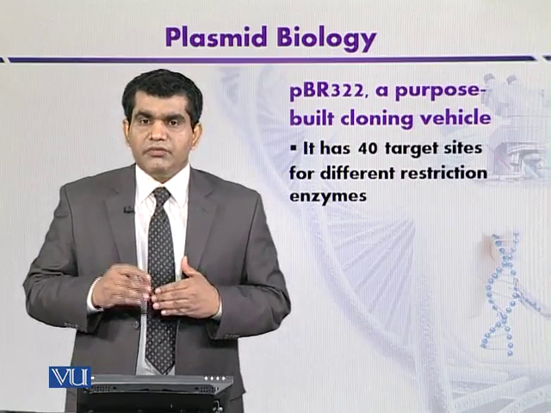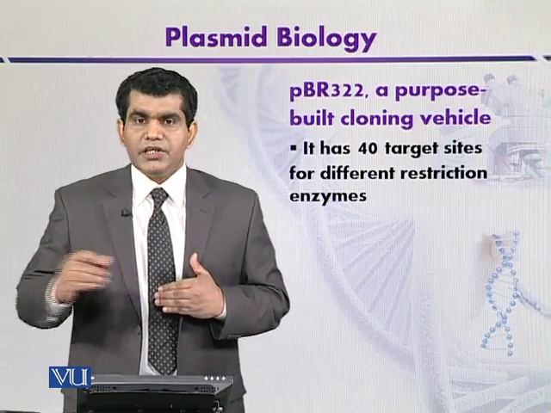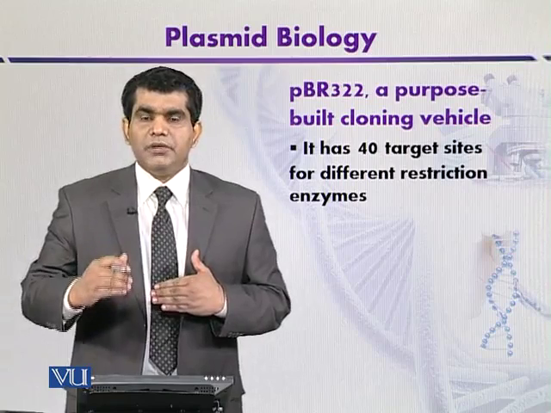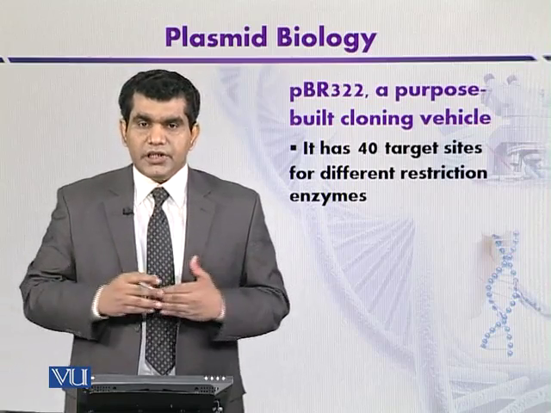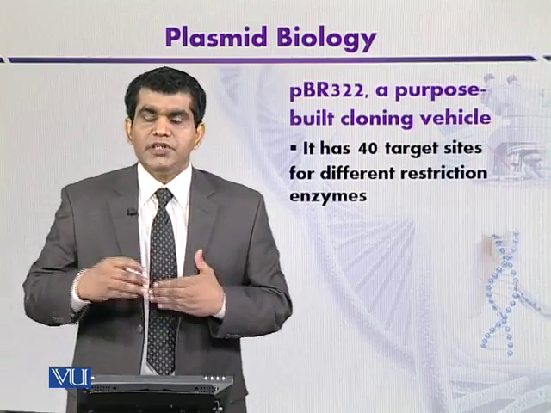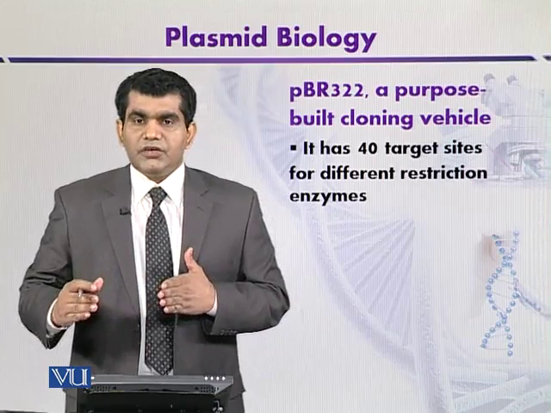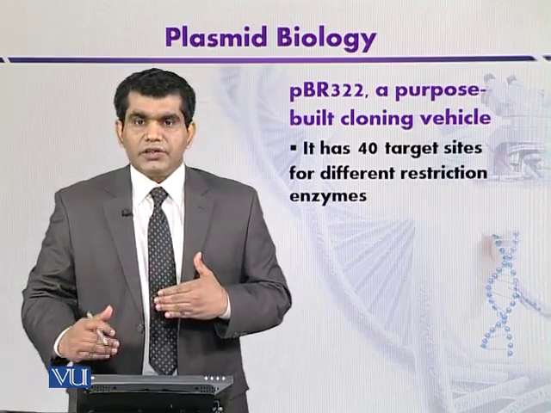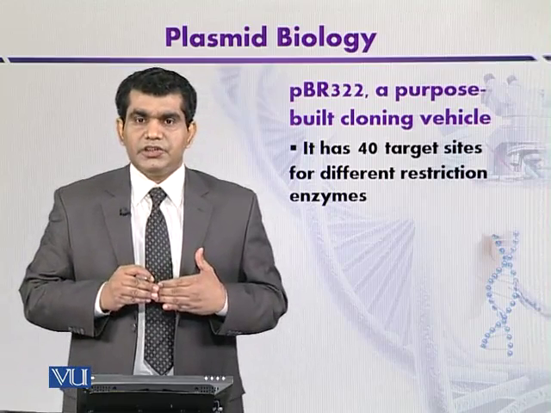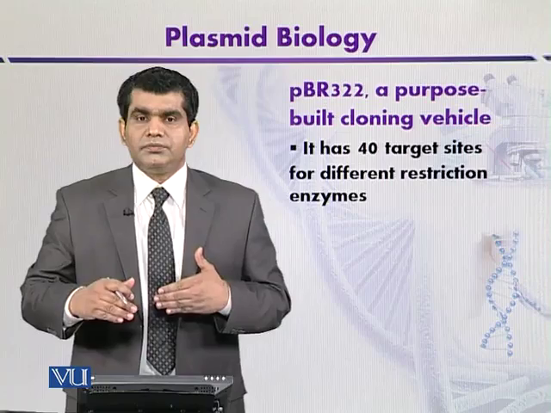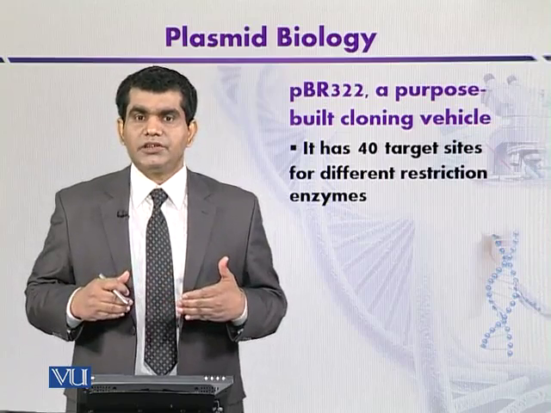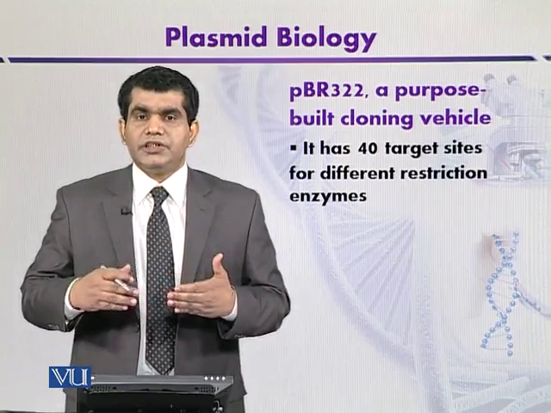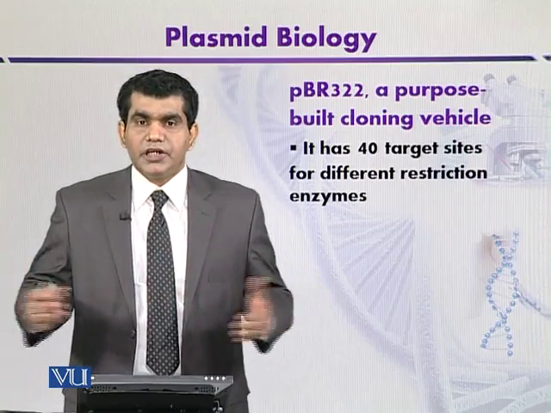The reason is that when we insert foreign DNA by digesting within the selectable marker gene, suppose tetracycline, as we discussed, the insertion of foreign DNA either in the tetracycline resistance gene or the ampicillin resistance gene will cause their inactivation, which is called insertional inactivation, where the particular trait is lost, for example tetracycline.